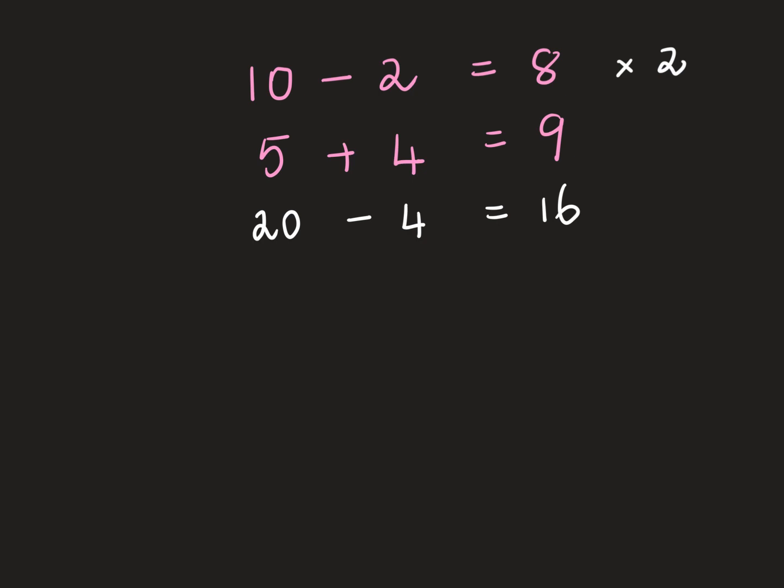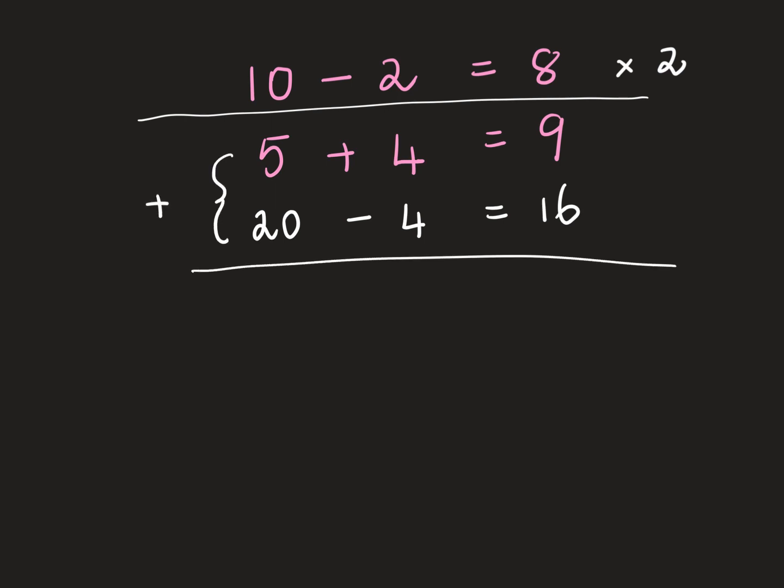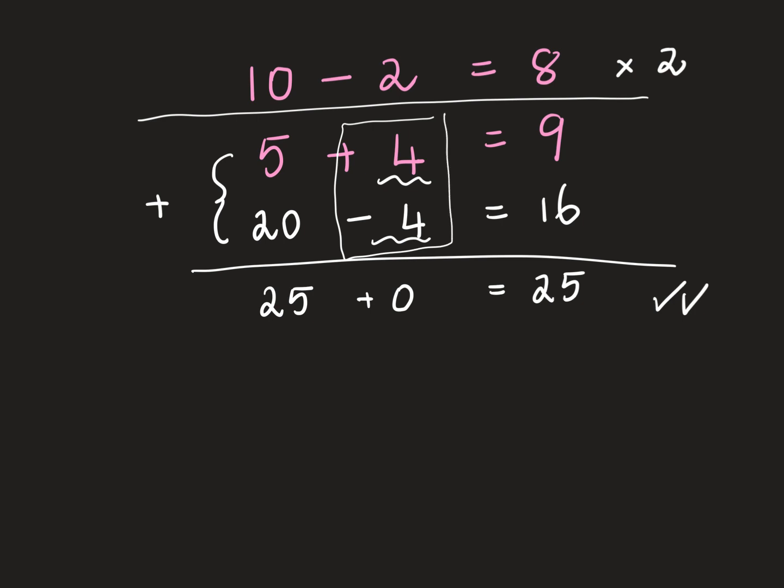That gives me another true statement, doesn't it? And then I'm just going to take these two here, and I'm going to add them together. 5 plus 20, 25. Ooh, minus 4. Plus 4 minus 4, well that gives me 0. 9 plus 16 gives me 25. Did you notice that when I added these ones together, the 4s became eliminated?